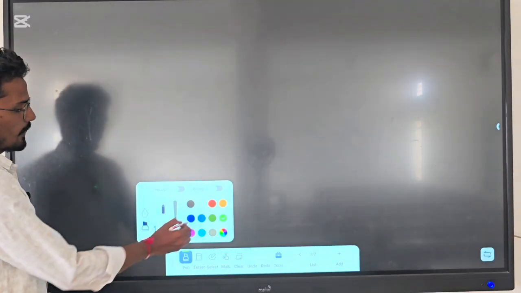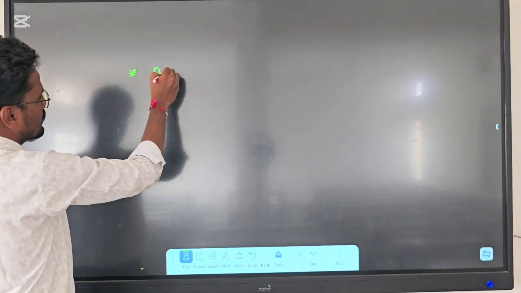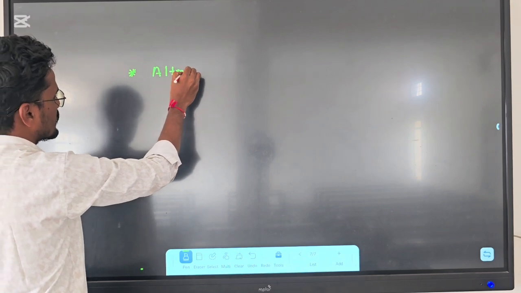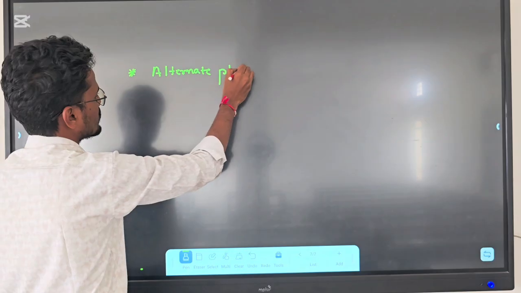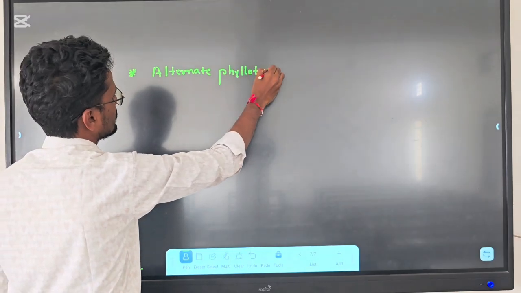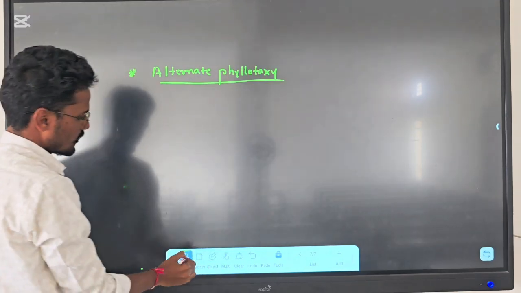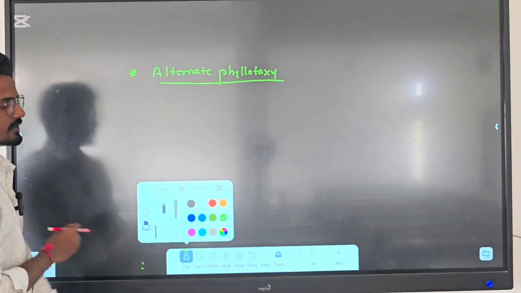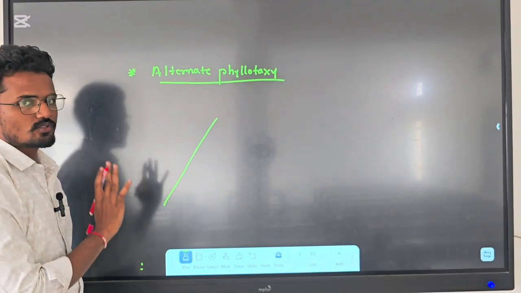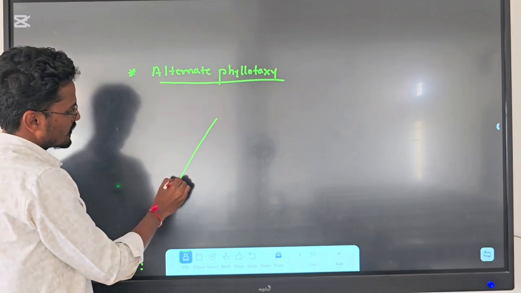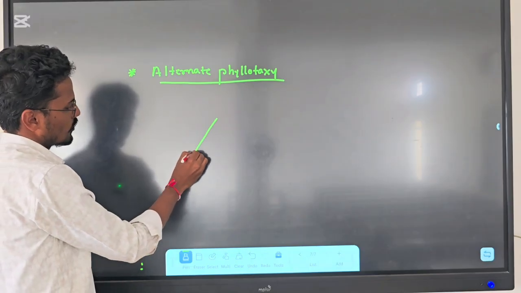Let me draw this alternate type of phyllotaxy. Here, we see a branch or stem. On this branch there are nodes and internodes.